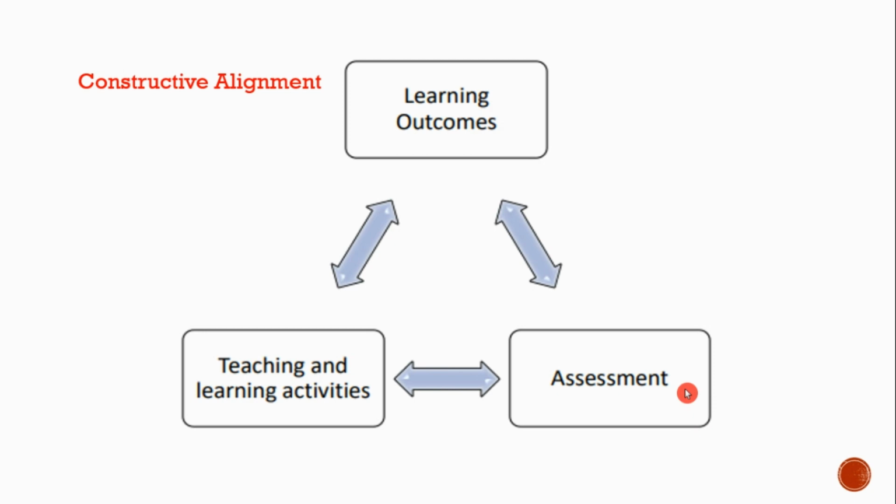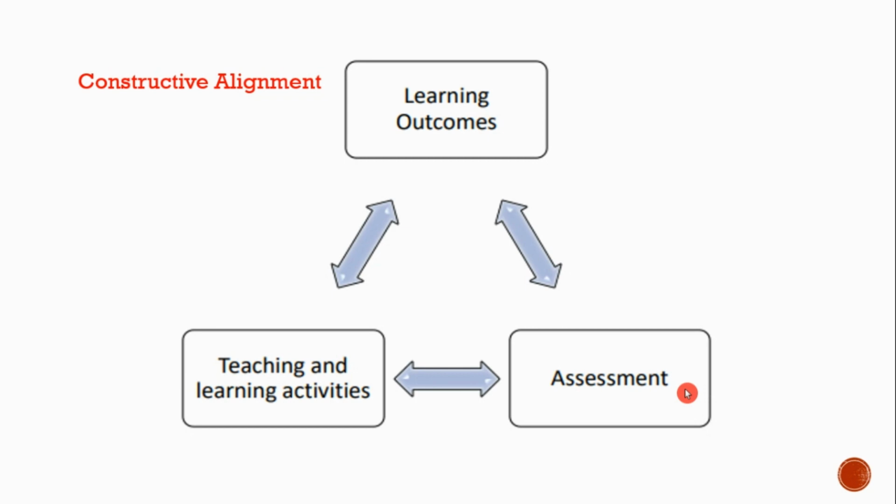So the idea of planning for a session using different teaching methods is usually based on the learning outcomes. And the learning outcomes is also going to tell you how to assess that particular learning outcome.